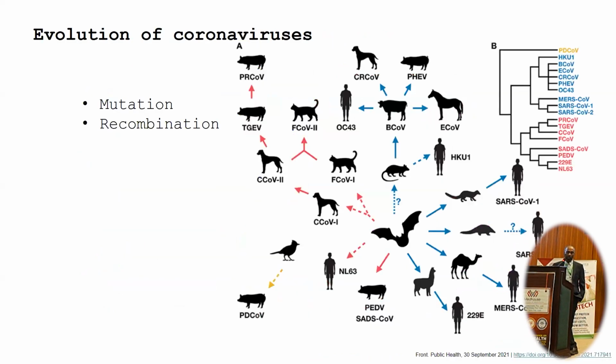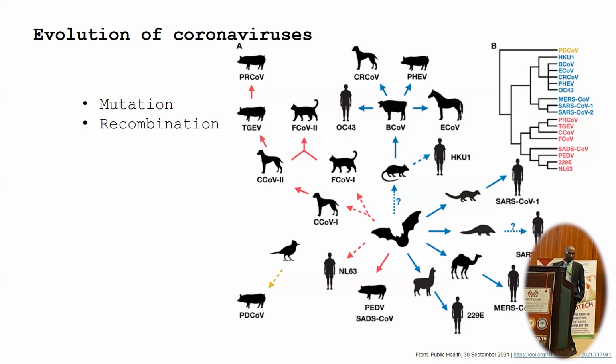When I see this slide, it is really scary. See, every single coronavirus originated in bats. Then it jumped to several species and ended up in humans as well as domestic animals. If you focus on the bovine coronavirus, you can see that it has jumped to humans, canines, pigs, and also equines.